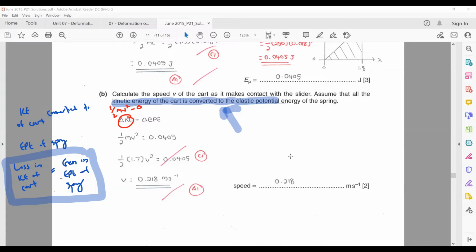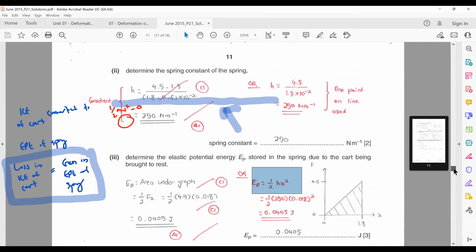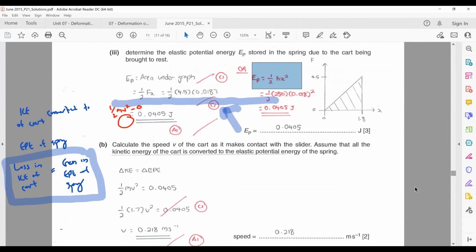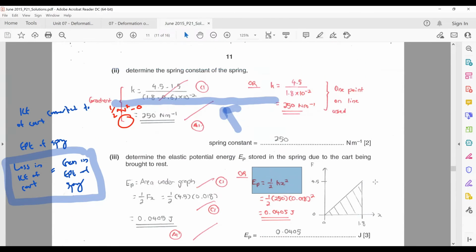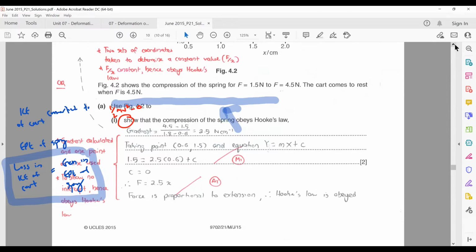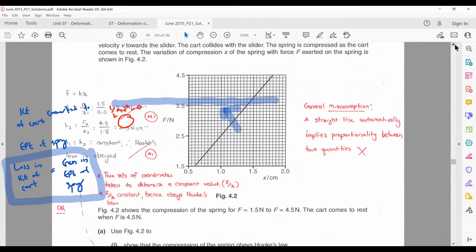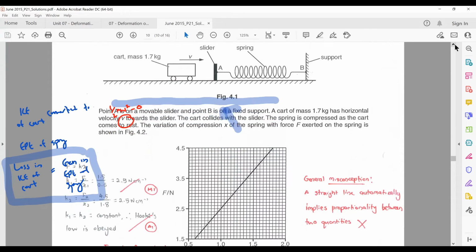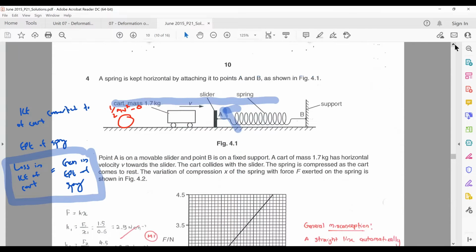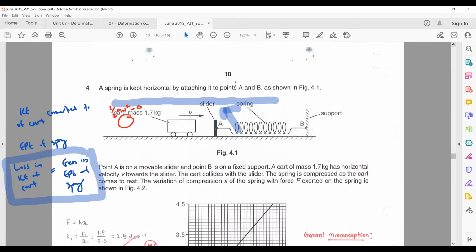Okay, because as I mentioned to you just now, your v is this part here. When your cart makes contact with the spring, it will push the spring inwards. So your point A is now here.